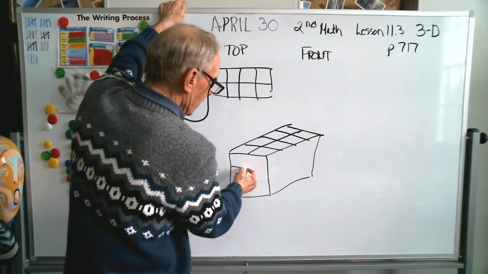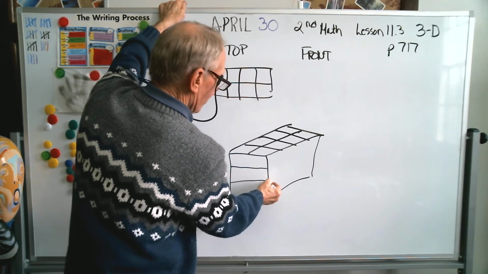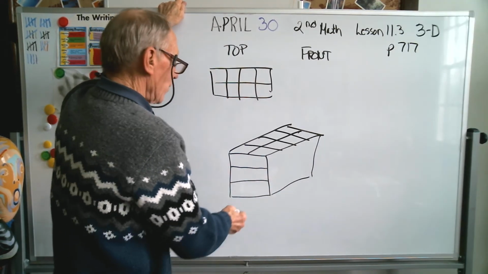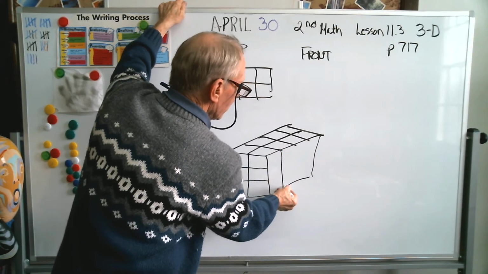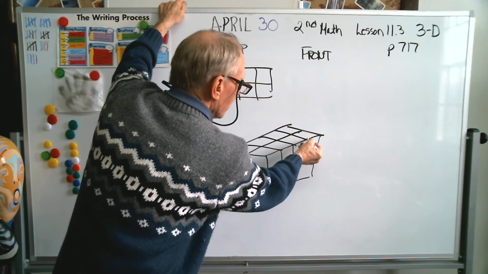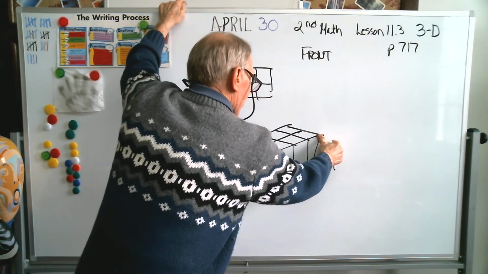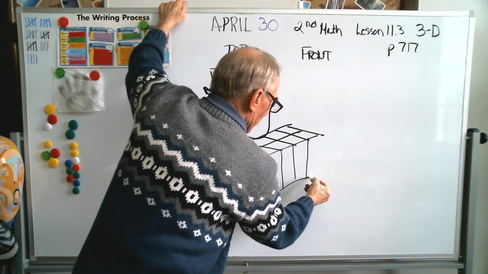That's going to make this 24. So we need at least 3 rows. I could draw that a little better.